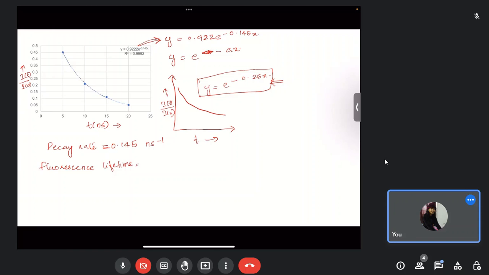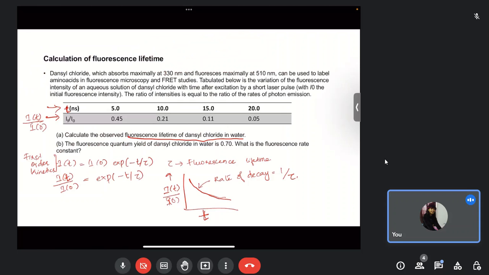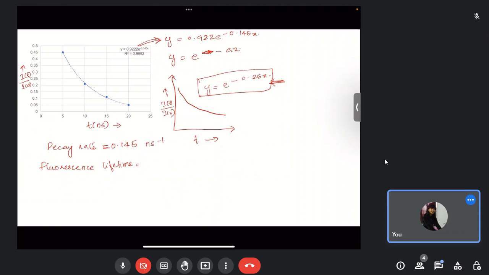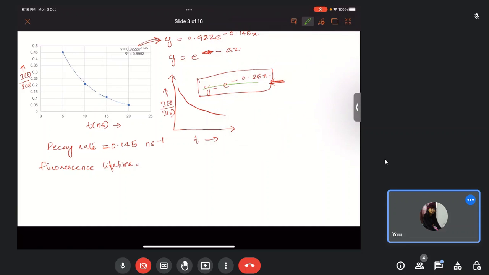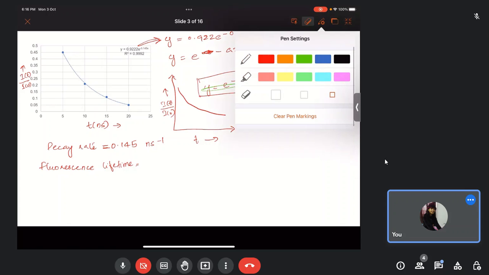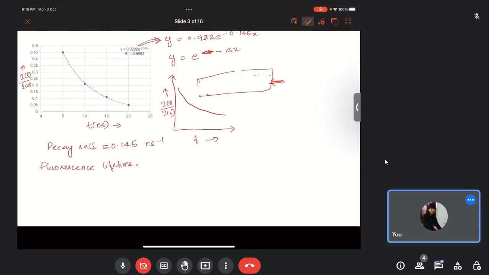You can try to fit these data points to an equation of this particular type. Maybe I'll highlight it. So y is equal to e raised to minus 0.25.